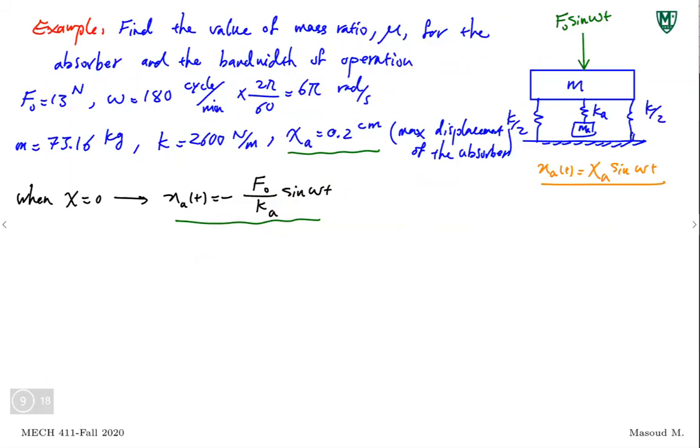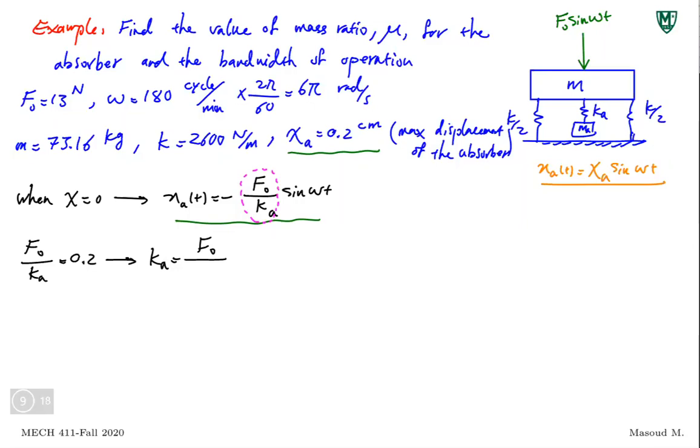Now, I am given this information. Right? I know this. I'm given this amplitude. And I know F naught, so I know now F naught over Ka is the amplitude. So I take the magnitude equal to 0.2, and I can find Ka.